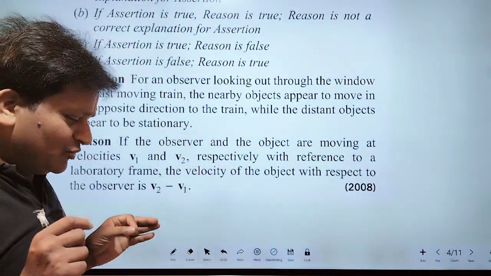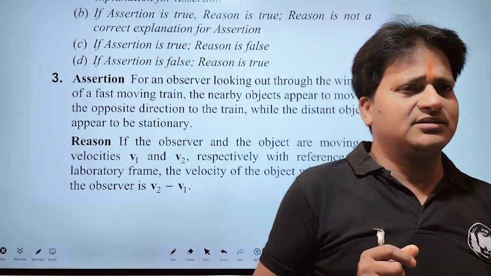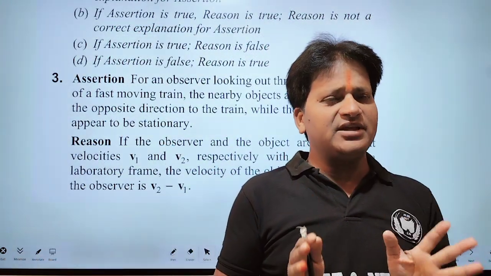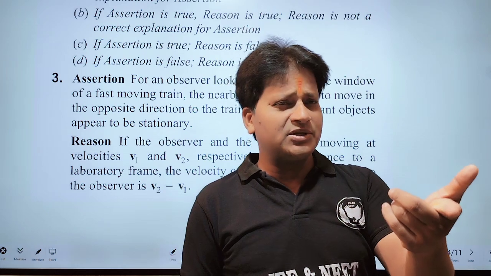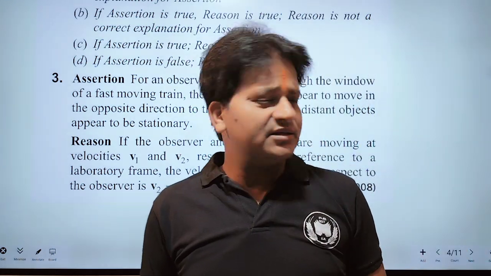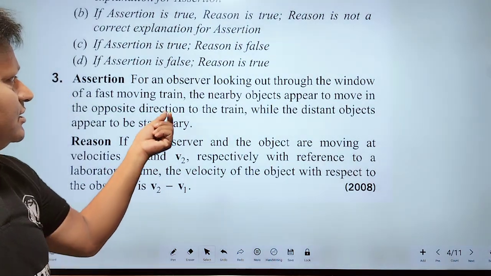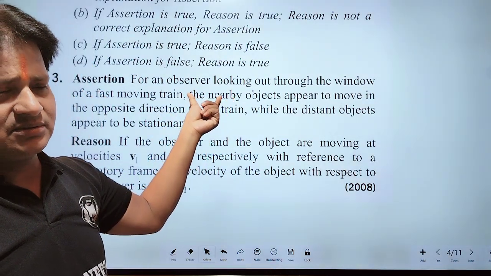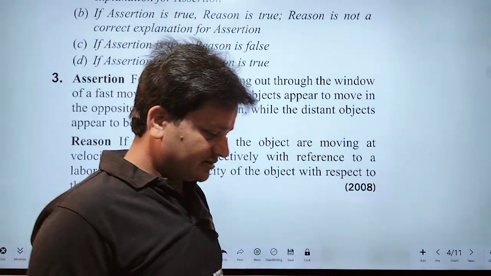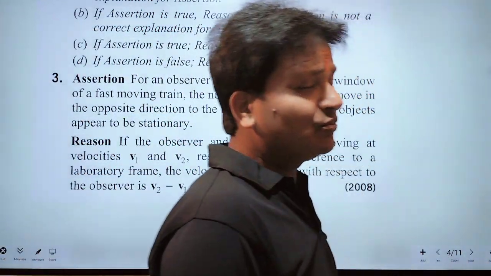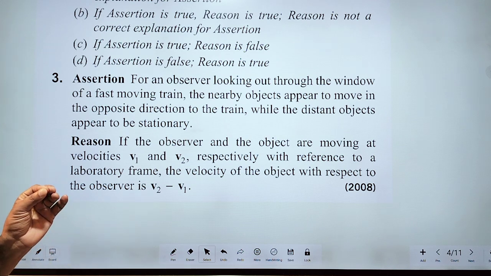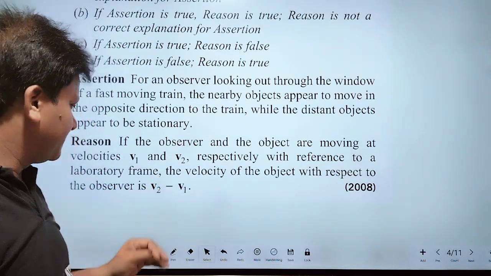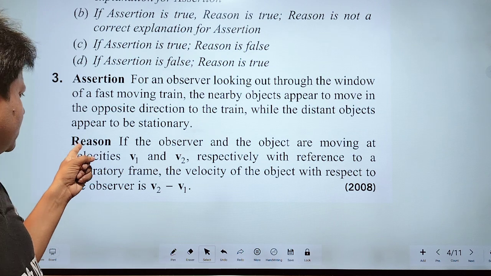If you are moving on a bus and observe through the window, the road moves in the opposite direction to the direction of the bus, and distant objects appear to be stationary, just like the train.